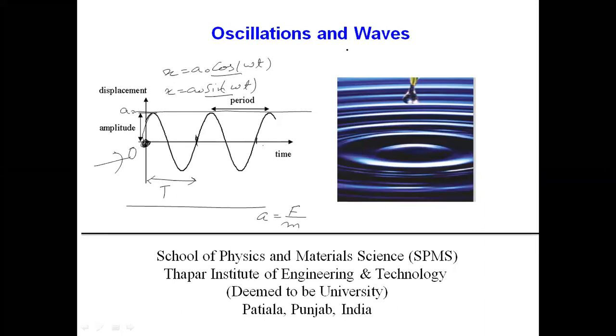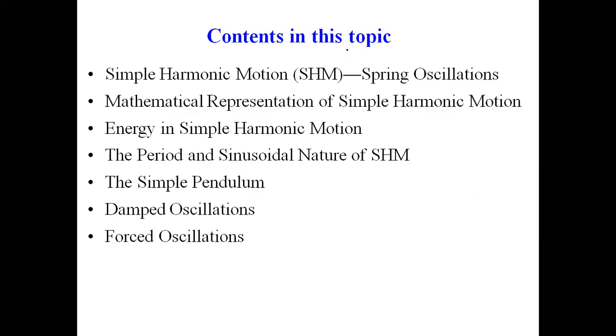So what we have discussed now is what periodic is, what oscillation is, then what simple harmonic motion is. Simple harmonic motion is that category of motion in which force is proportional to the displacement. So in this unit, in the long answer type article on simple harmonic motion, we will also consider spring oscillations, mathematical derivations, energy in case of simple harmonic motion, period and sinusoidal nature of SHM.